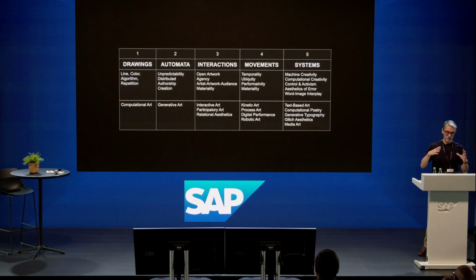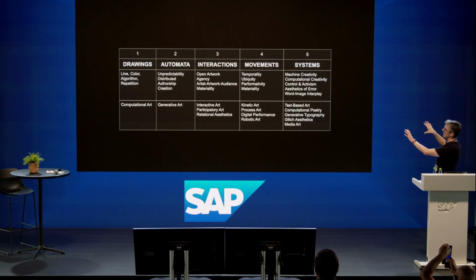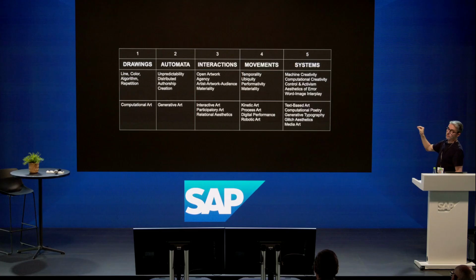We develop that in the context of art. In the second row, you see the main themes of the course. Those are the main assignments as well, and for each one, the elements we work on.